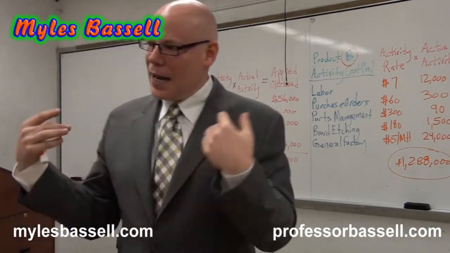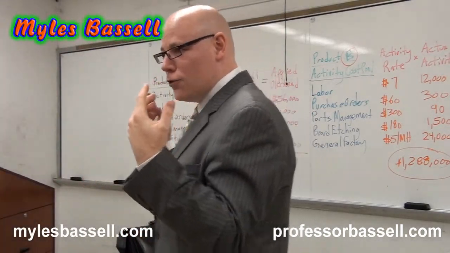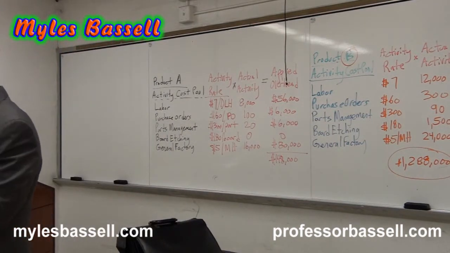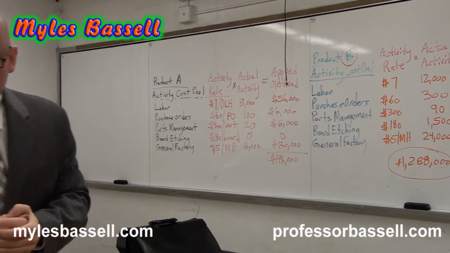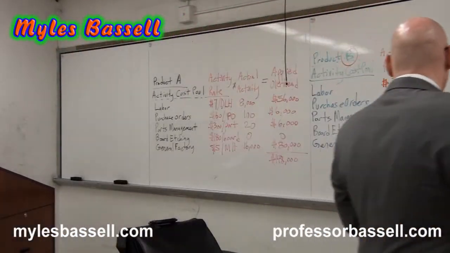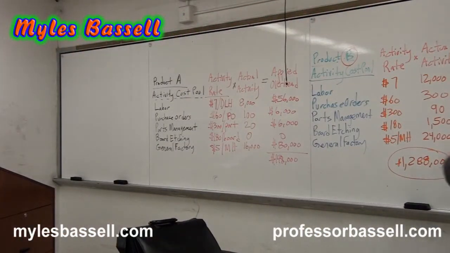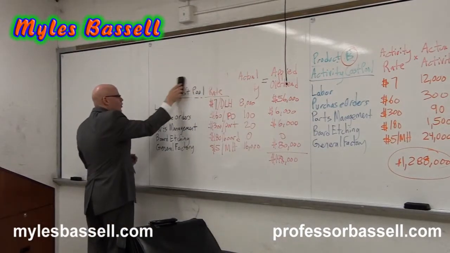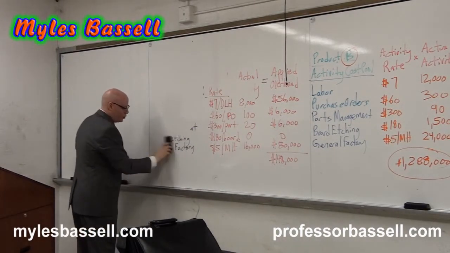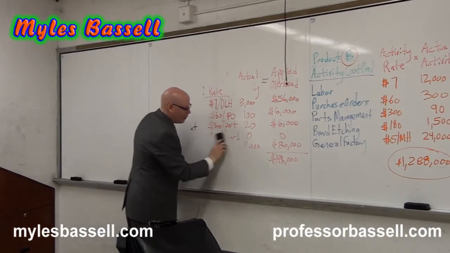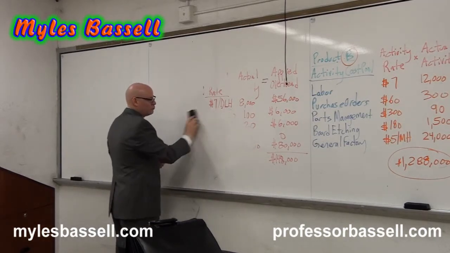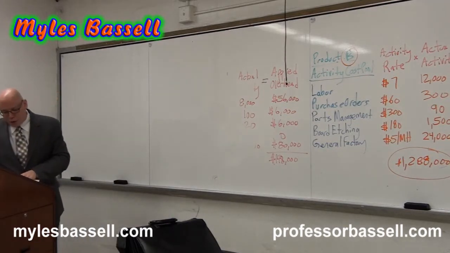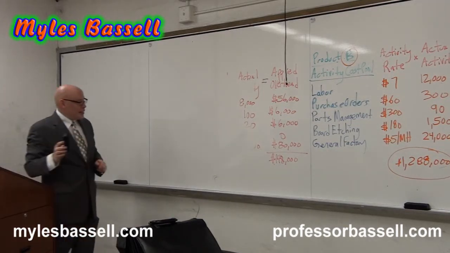Probably they expected to have the arms, the ears, the nose, the eyes. So we need to address the fact that we're not going to convert all the raw materials into finished goods. So we need to calculate the equivalent number of units. So let's look now at chapter 4, exercise number 2.